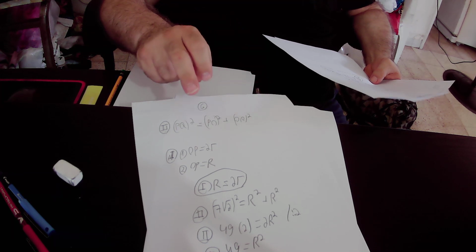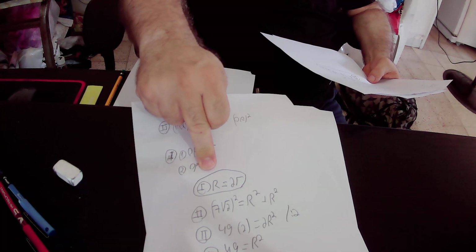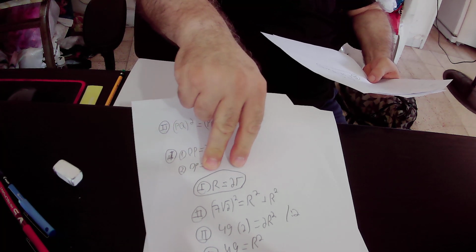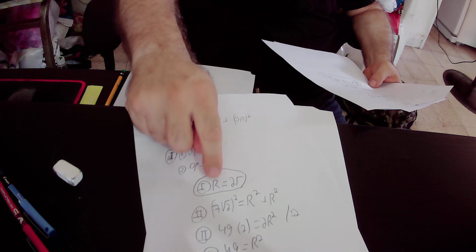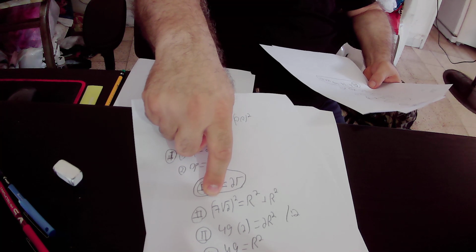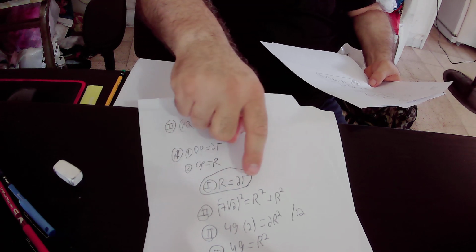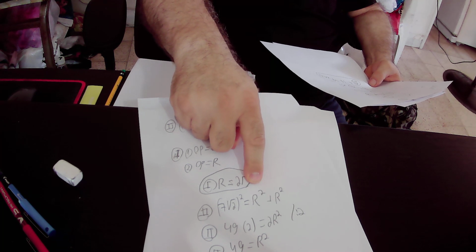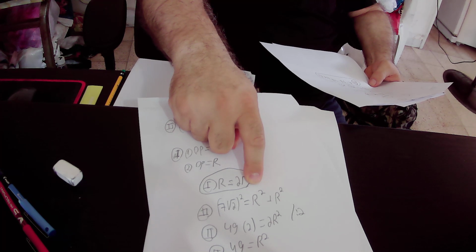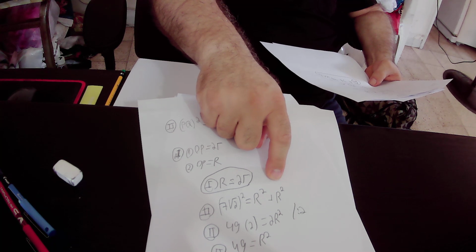But we have already found out that capital R equals 2 times small r, and again, according to the Pythagorean theorem, the hypotenuse squared, that is to say 7 times root 2 squared, equals the square of the perpendicular plus the square of the other perpendicular.